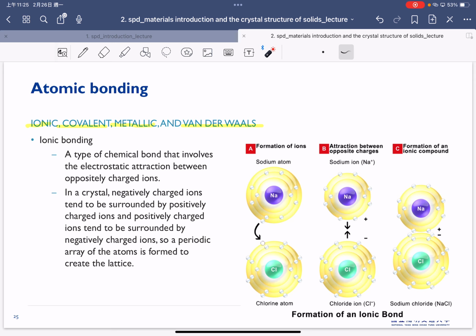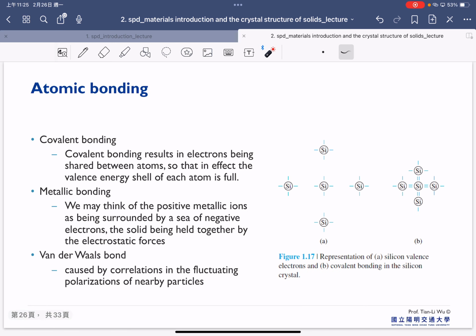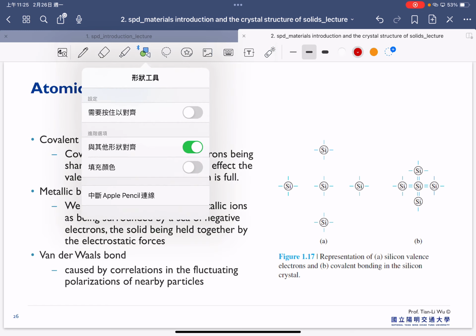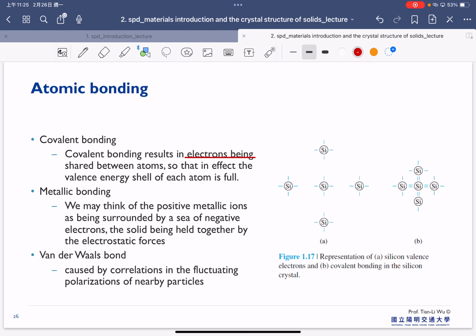And the next one is the covalent bond. So the covalent bond results in the electrons being shared by these two atoms here. That's more important for us. So here is a case. We all know there are 4 electrons in the outer shell of the silicon.